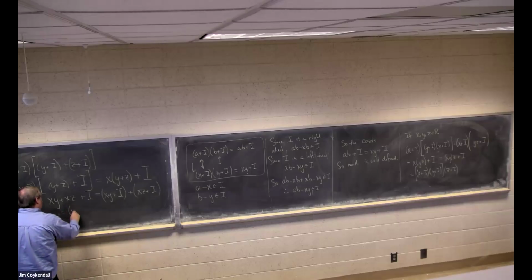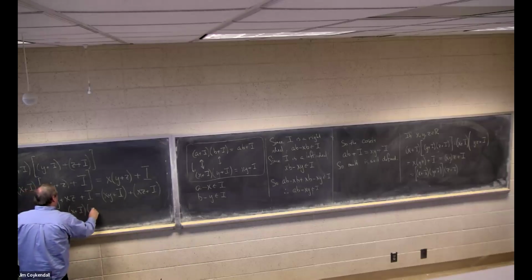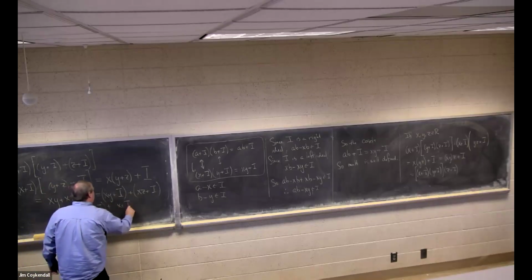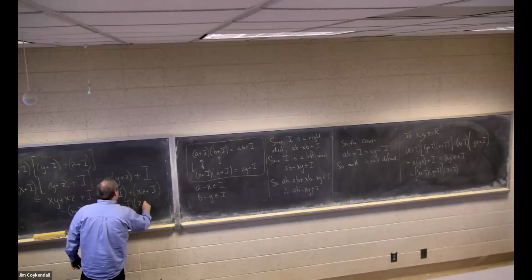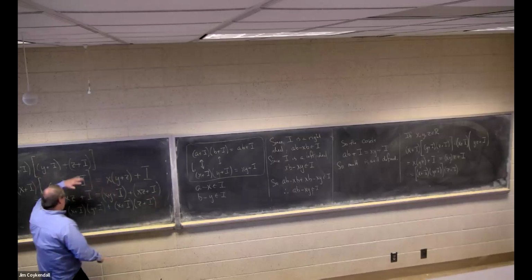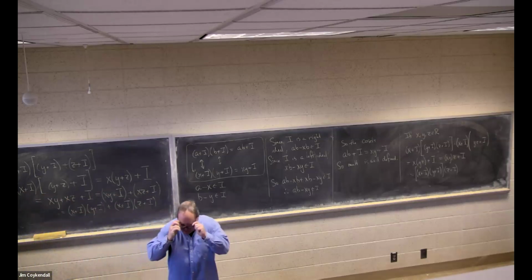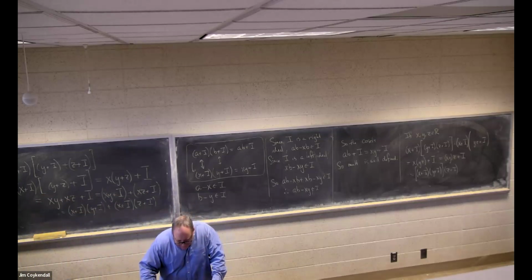And this is x plus I times y plus I plus x plus I times z plus I. And I've distributed everything, right? I really need to do distributivity from the other side, but I think you guys get the gist of it, right? Okay, any questions on that?